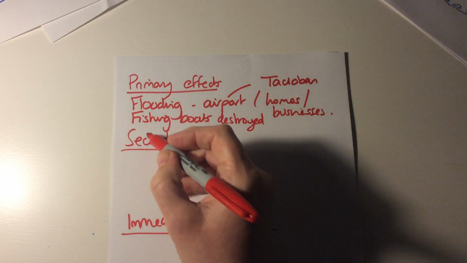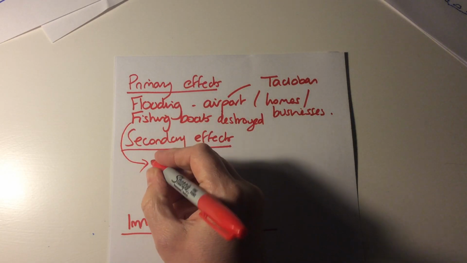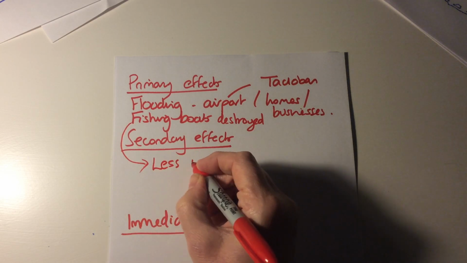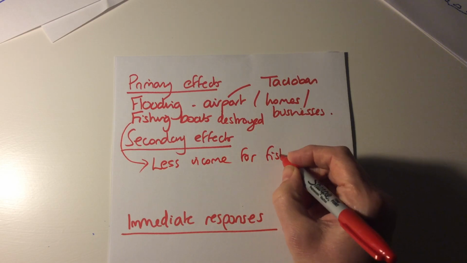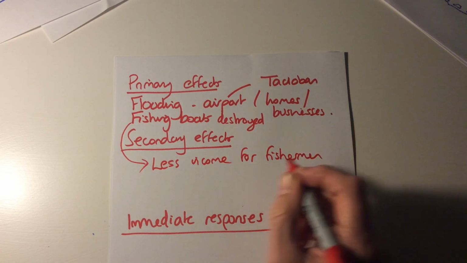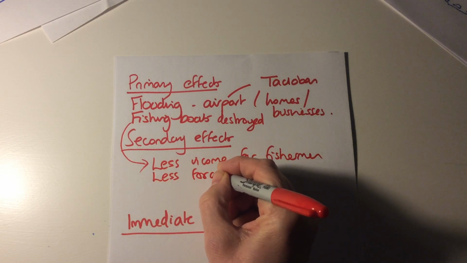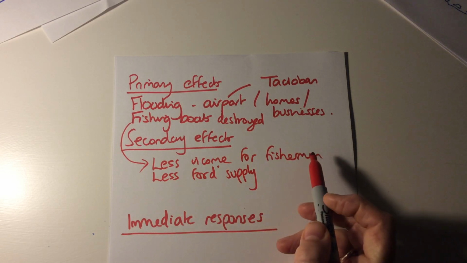Now, secondary effects, obviously if your fishing fleet is destroyed, you're going to therefore have less income or no income for, I'm going to put fishermen, women, less food supply, because obviously there was a lot of food that was provided by the fishing fleets.